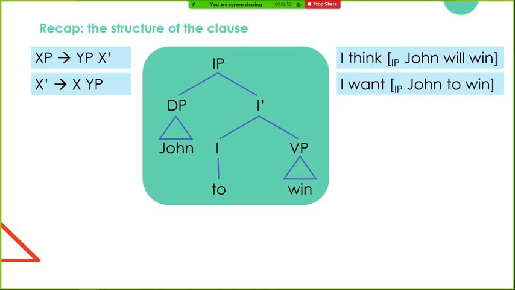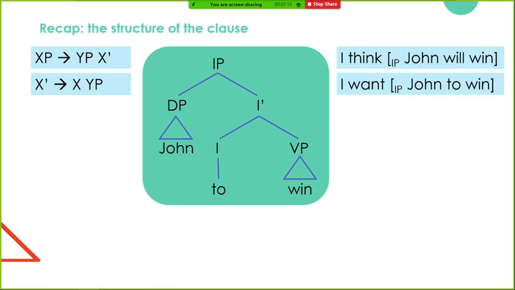But for now, let's just look at the different types of clauses that we can get. Okay, so with John will win, we have a modal in that inflection position, and we have a finite clause. But there are other kinds of clauses. For example, we have a to element that could go in that inflection position, as in John to win.